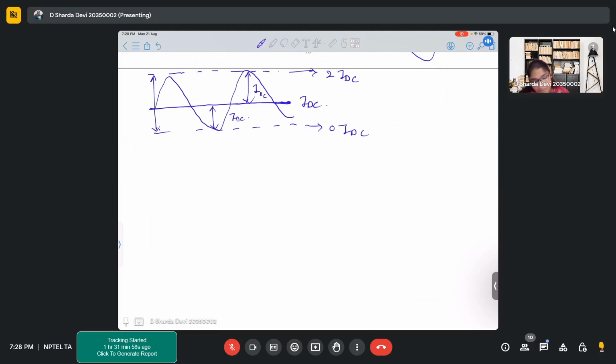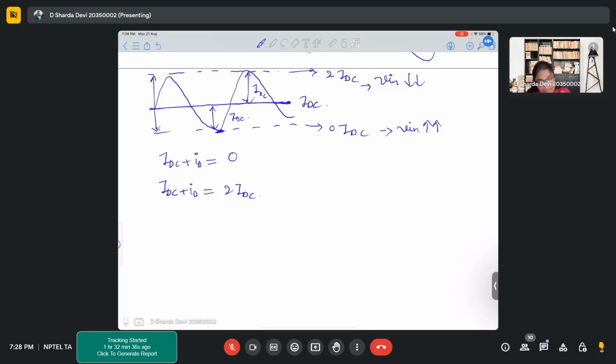For the condition when IDC plus small id is equal to 0, this is one condition when they have completely opposed one another. There might be another condition when IDC plus small id is 2 IDC. We will achieve this particular current when Vin is reducing. The other we will achieve when Vin is increasing, due to that 180-degree phase shift that I mentioned earlier, right?